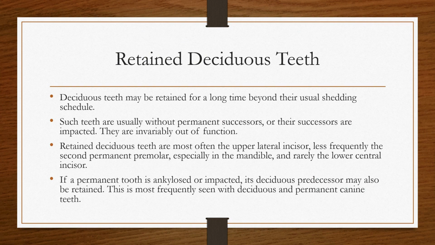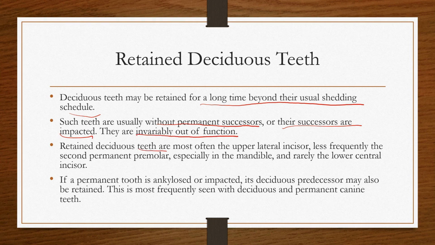Retained deciduous teeth. Deciduous teeth may be retained for a long time beyond their usual shedding schedule. We have studied this in the previous slide. Such teeth are usually without permanent successors or their successors are impacted. They are invariably out of function.